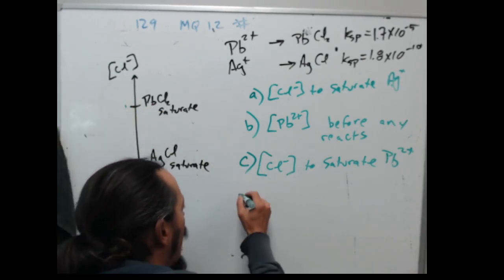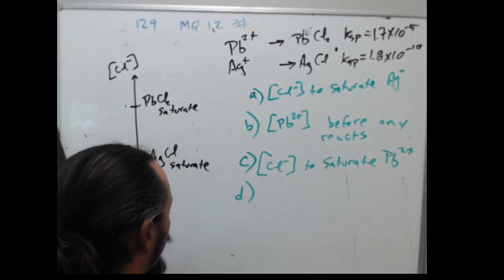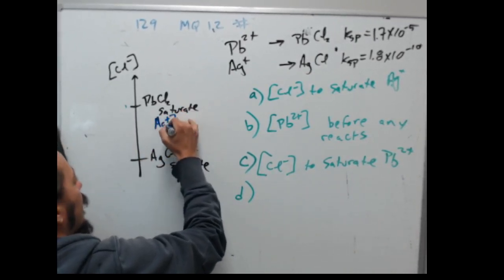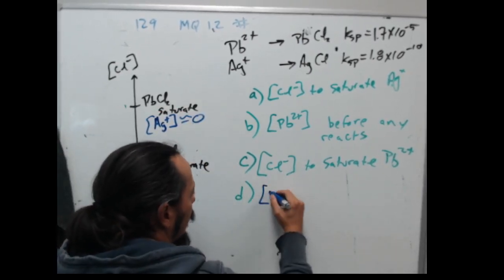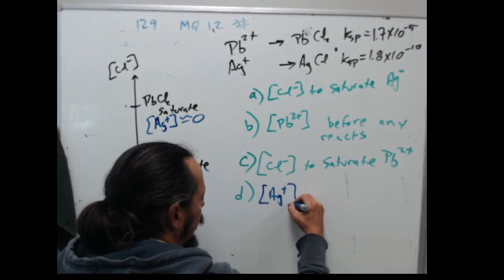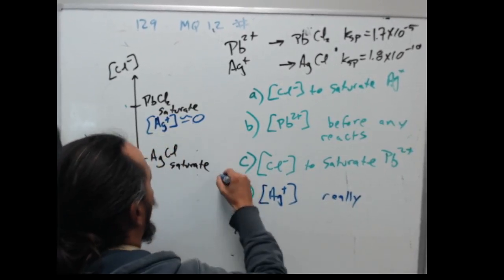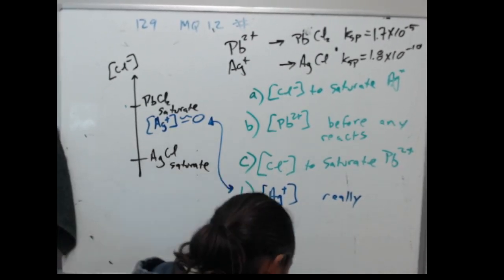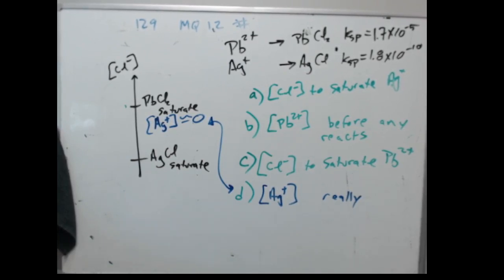And then part D is, at this point, we've got that Ag plus concentration approximately 0. And part D is asking, what's really your silver concentration at that point? It's not 0. Hopefully it's close to 0, but what's the real value?